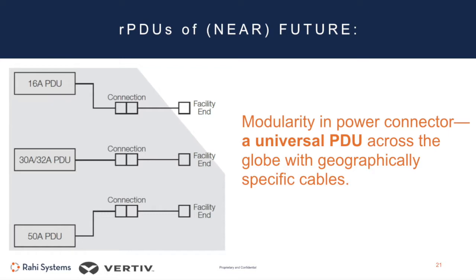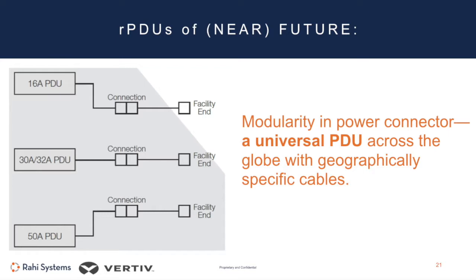We've got a 16 amp, a 30 amp, and a 50 amp PDU. And the part number that a customer would order would of course include the physical PDU, its cord, and its plug. So essentially stopping right here. And if a particular end user has a mix of hardware or a mix of geographies that require different amperages that you see here, they're going to have to manage three separate SKUs.